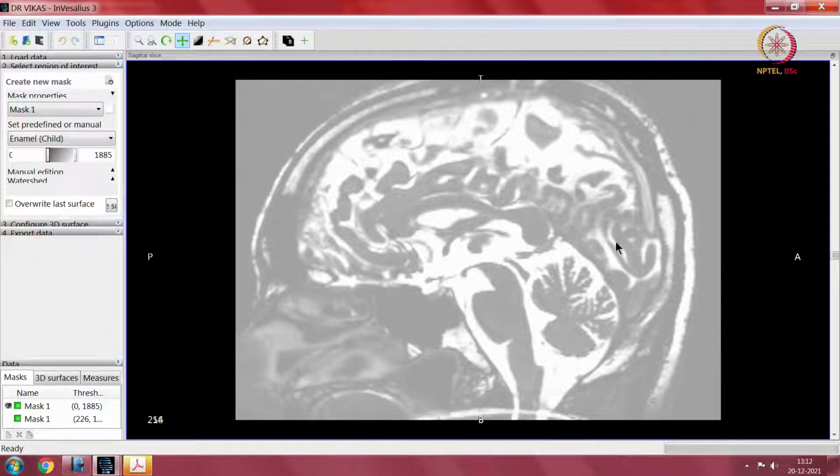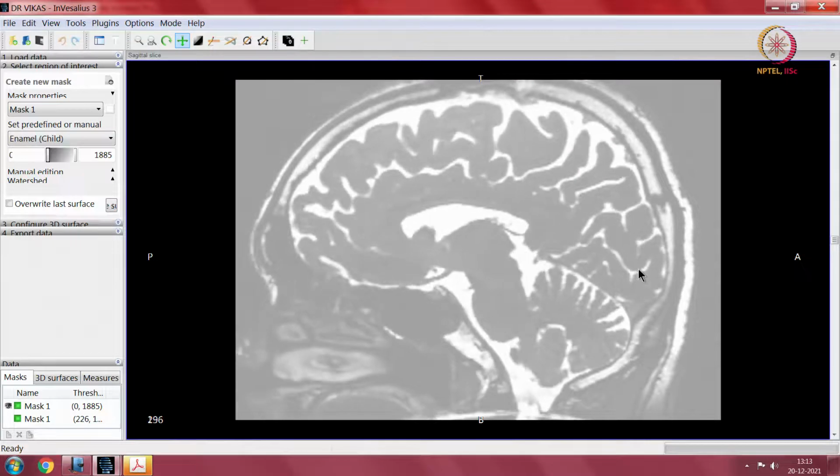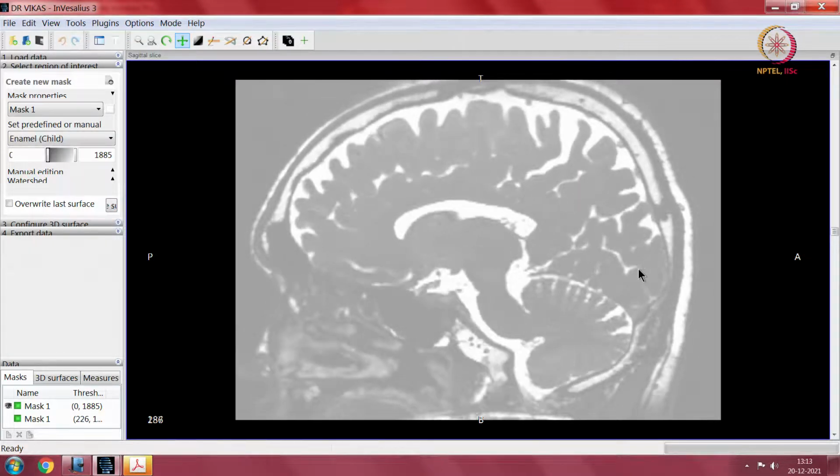Damage to this causes significant visual field problems. This would be the lingual sulcus, and this is the parieto-occipital sulcus. Notice that it is going all the way up to the center, as in the periphery under the skull.